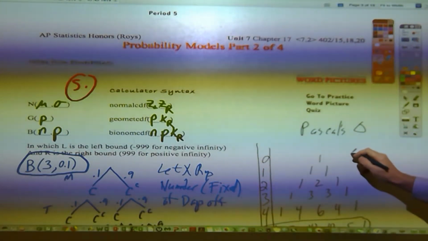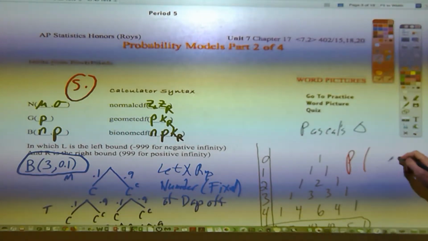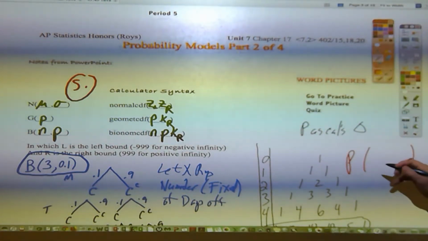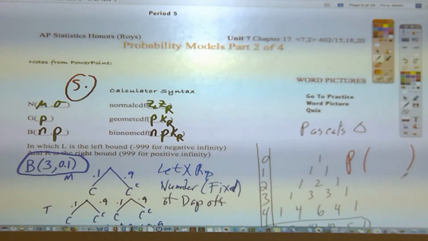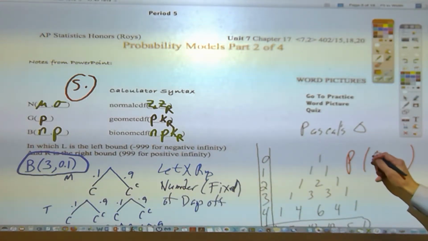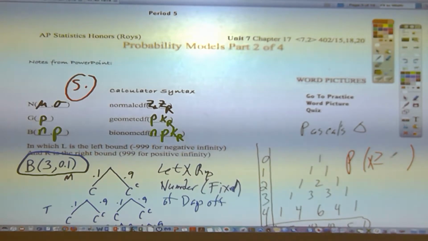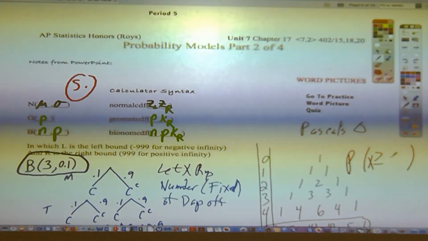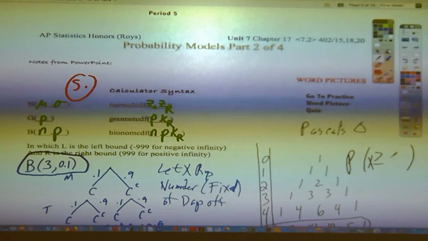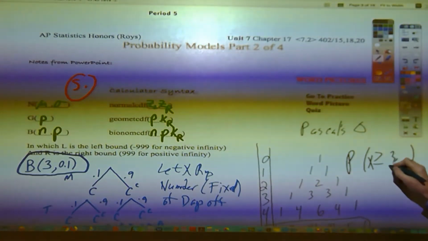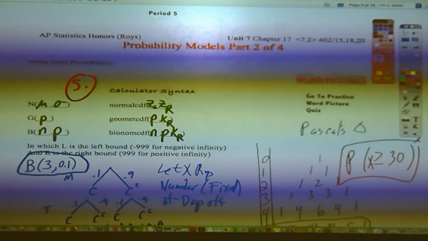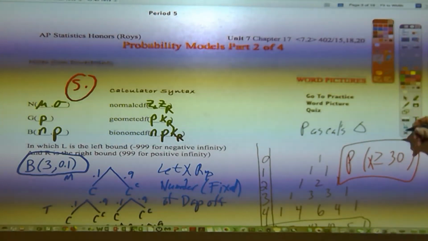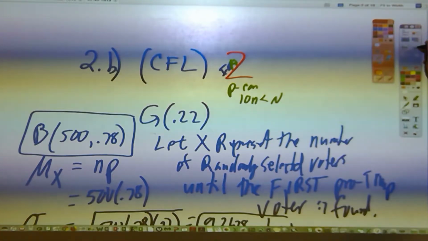Change that question to the probability of, I want to see what your previous one was. Probability of x, let's make it greater than or equal to 30. We have 36 possible, so it's greater than or equal to 30. Okay? So, that's that one, 2 of 4.